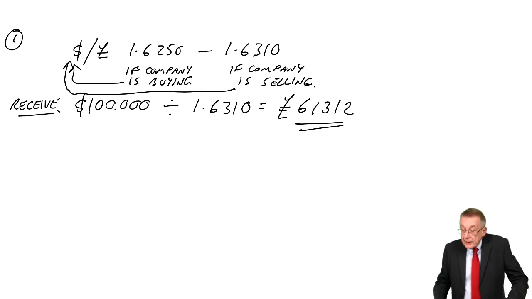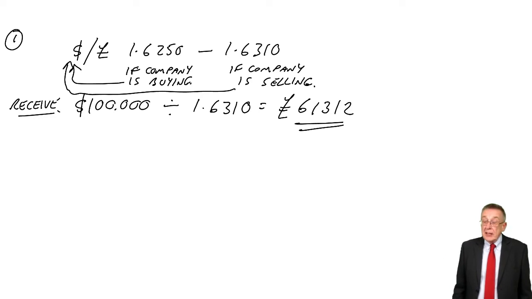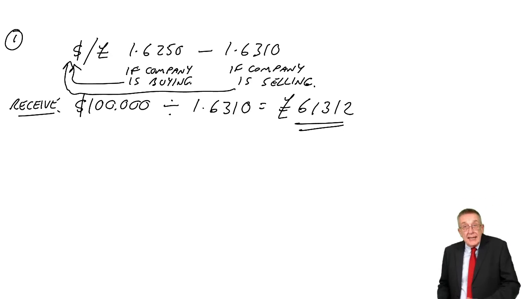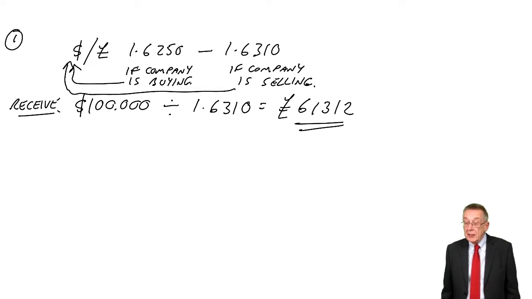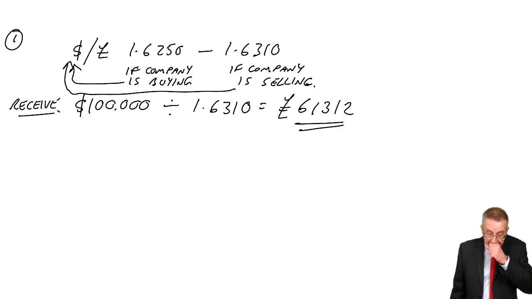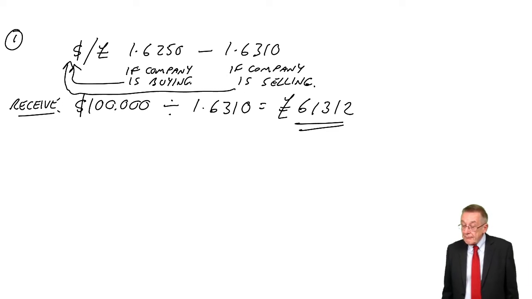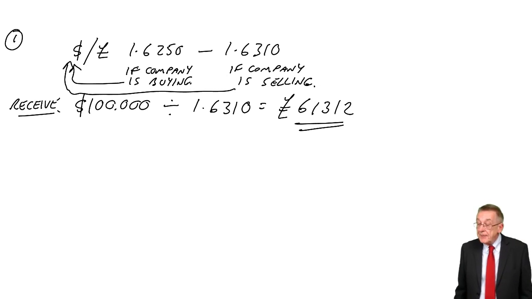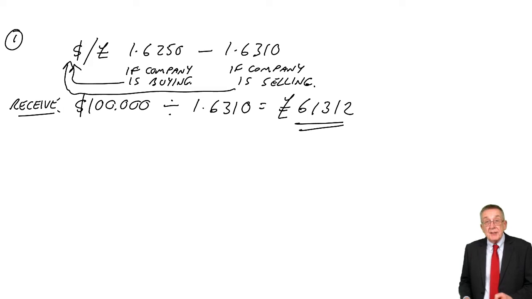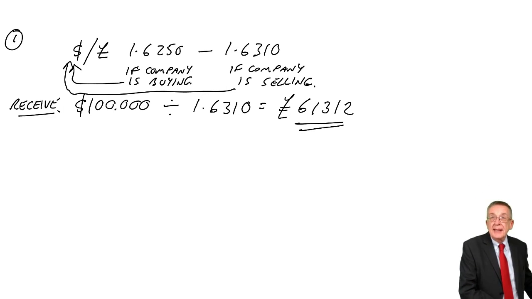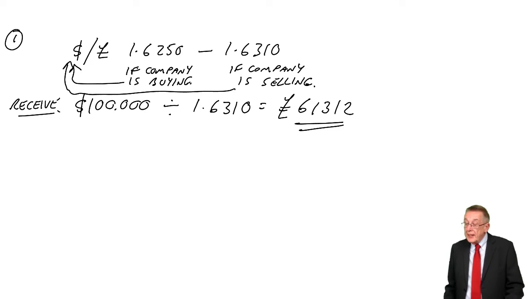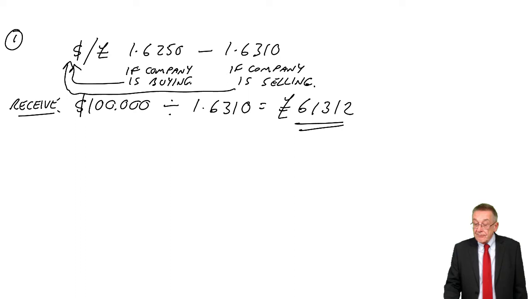If we're selling dollars to buy pounds, it'll be 1.6310. And what's happening in this case? We're receiving dollars, so we're needing to sell them in order to buy pounds, and therefore it's 1.6310. So do make sure you've got that.